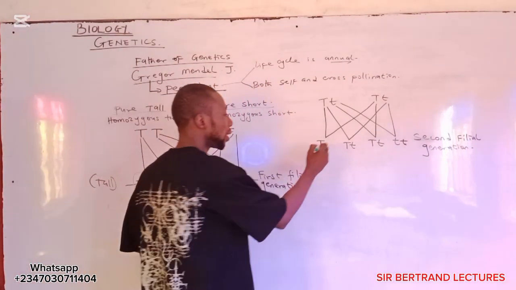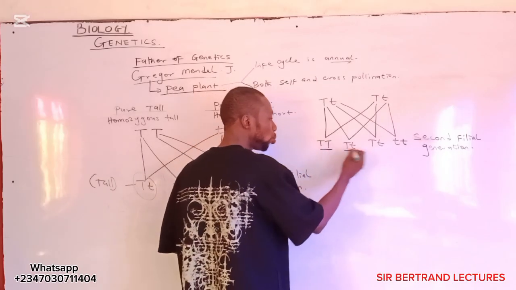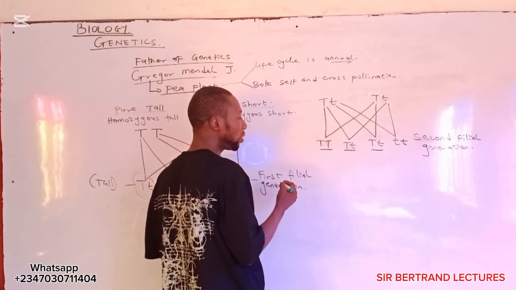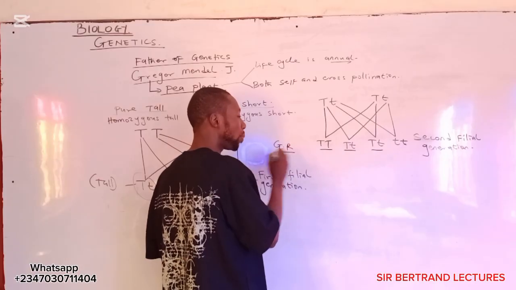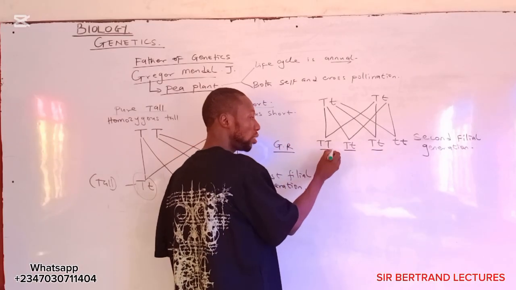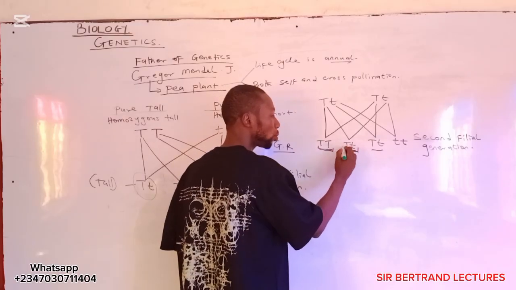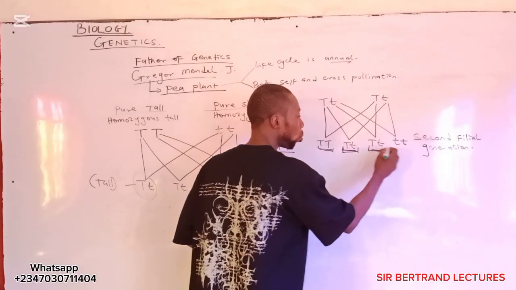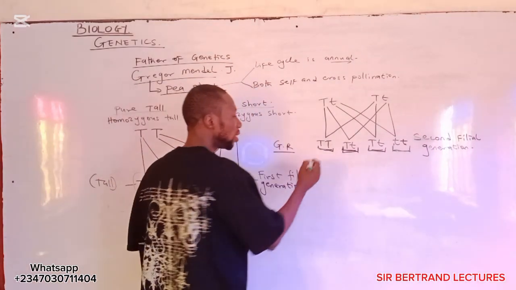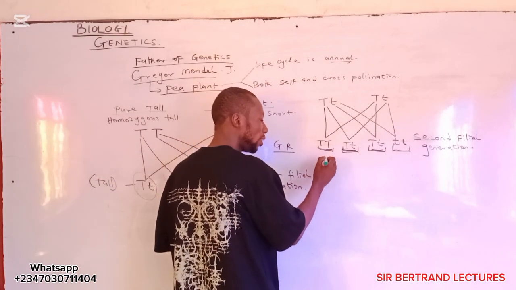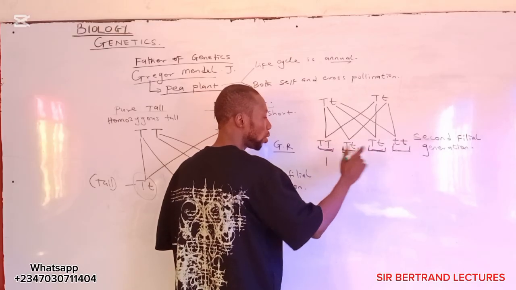All right, this is capital T and capital T. We observe that 1, 2, and 3 are tall, all right, but in terms of genetic makeup, let's say genotypic ratio now. In terms of gene, this is homozygous tall, this is heterozygous tall, heterozygous tall, homozygous short. All right. We observe that this gene here is 1 because it is only one among the 4.